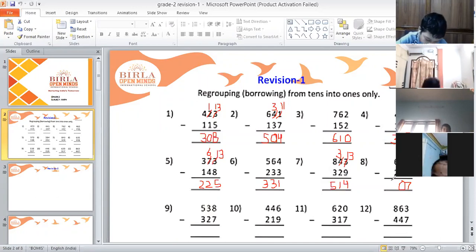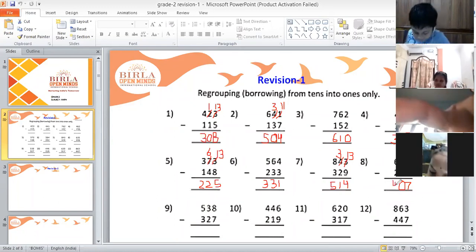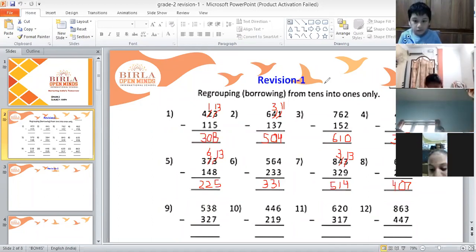And 6 minus 2? Take out your 6 fingers and then remove 2 fingers. Yes, Pathan? 4. Very good. Now the answer is? 407, ma'am. Very good.